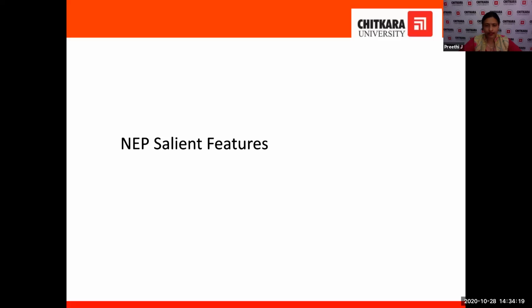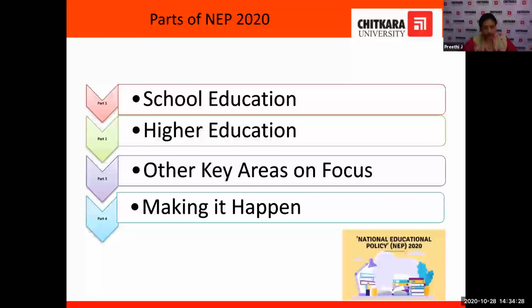So let's spend a little bit of time to look at the national education policy, its salient features. As you know, it's divided into 4 parts: school education, higher education, other key areas of focus, which is particularly looking at professional education, adult learning, lifelong learning, promotion of Indian language, arts and culture, technology use and integration.